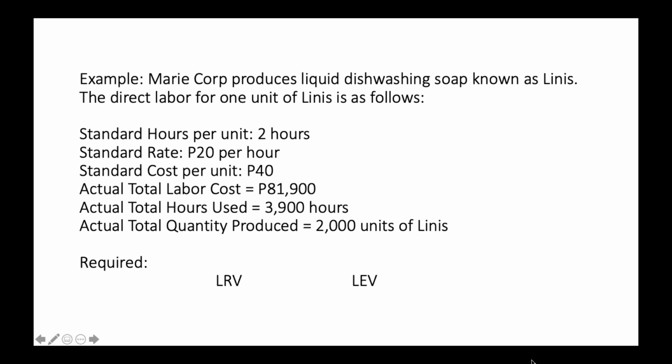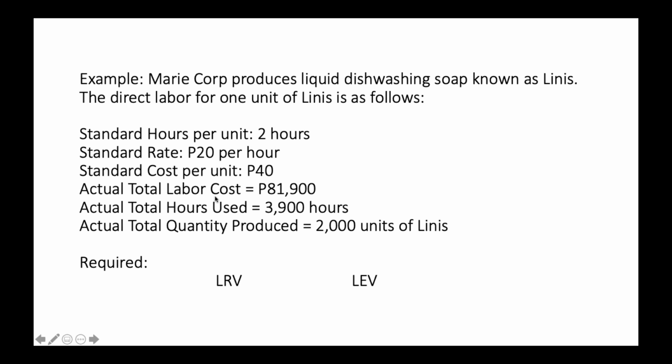The direct labor for 1 unit of Linis is as follows. Standard hours per unit is 2 hours. The standard rate is 20 pesos per hour. The standard cost, therefore, is 40. So for every unit, we will consume 2 hours, and at 20 pesos, that's 40 pesos.